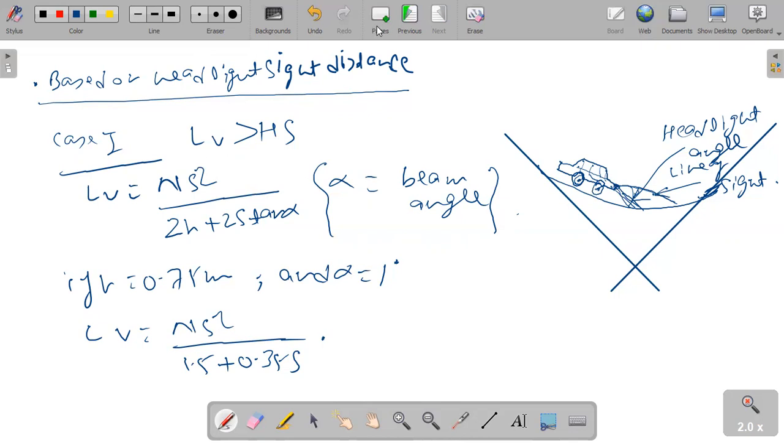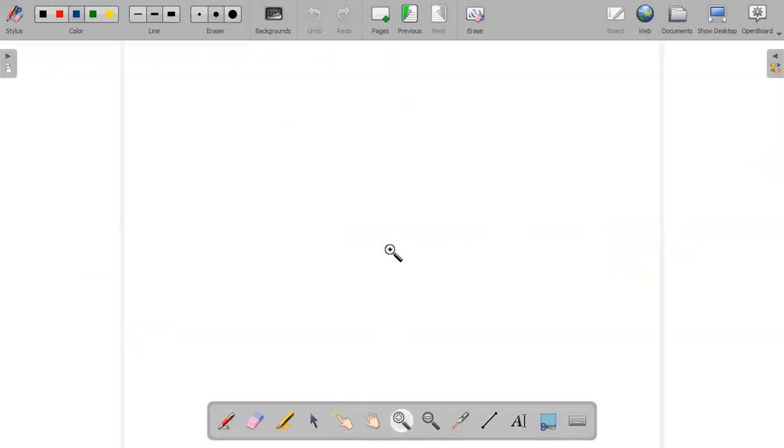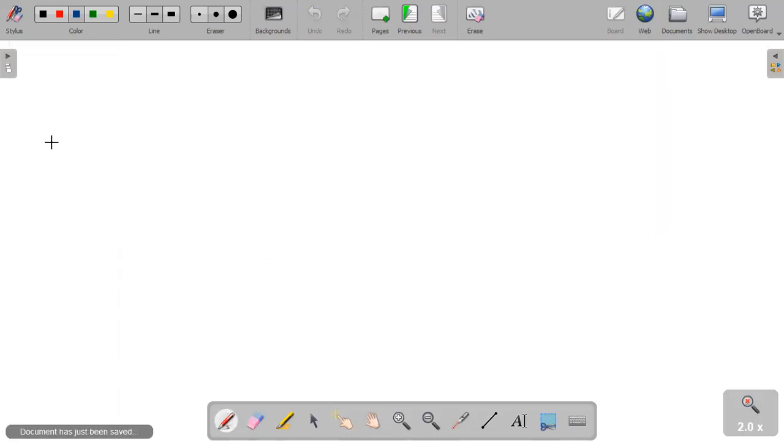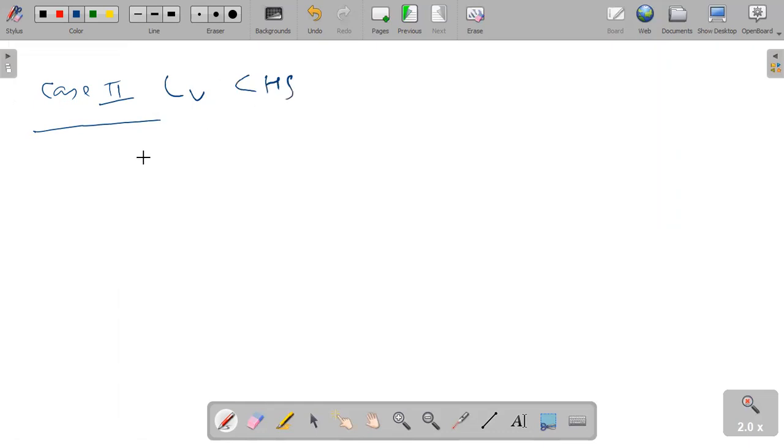Let's move on to the next case, which is when the length of valley curve is less than the headlight sight distance.